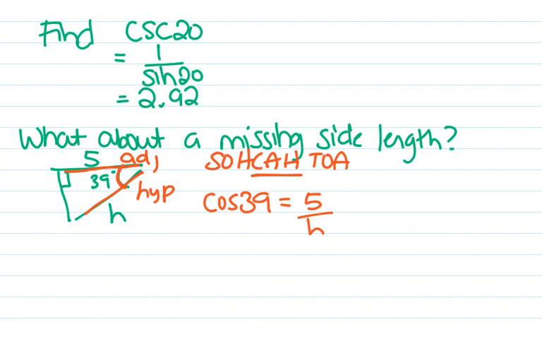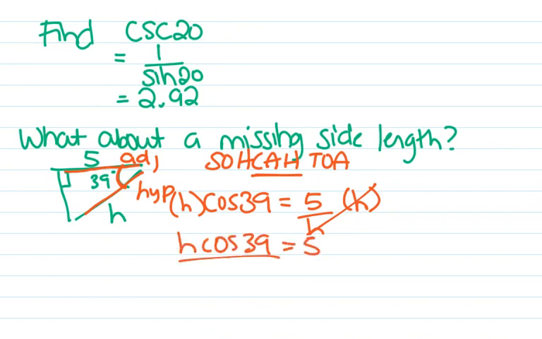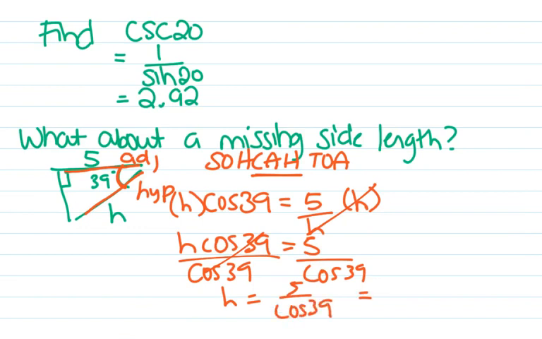In order to do that, I'm going to multiply both sides by h. Those cancel out, so now I have h cos 39 equals 5. Divide both sides by cos 39. h equals 5 over cos 39. Punch that into your calculator, and you will get 6.43. So the hypotenuse is 6.43 centimeters, or whatever it is.